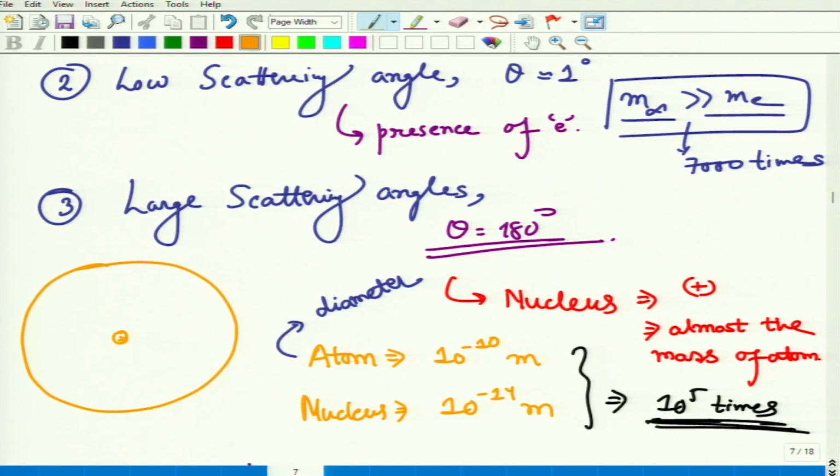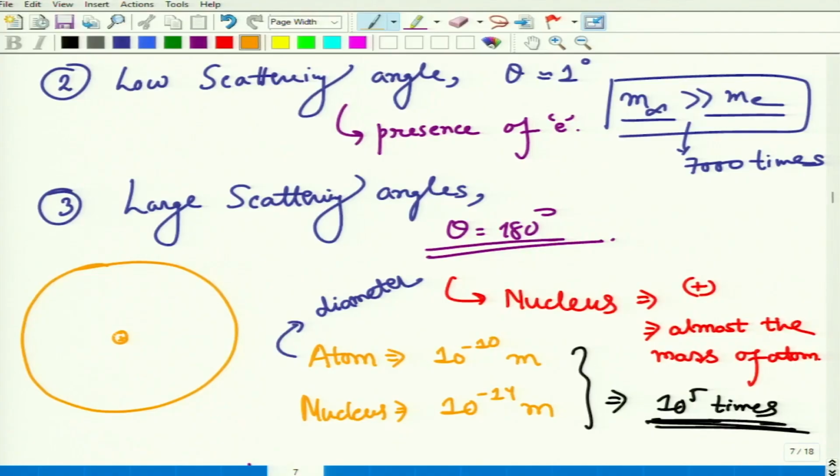So the atom is 10 to the power 5 times bigger compared to the nucleus. From this data we can think of how small the nucleus is, and in this nucleus the overall mass of the atom is centered, because the electron is a very lightweight particle. The mass of the electron is negligible compared to the mass of the nucleus. So most of the mass is centered in the nucleus.